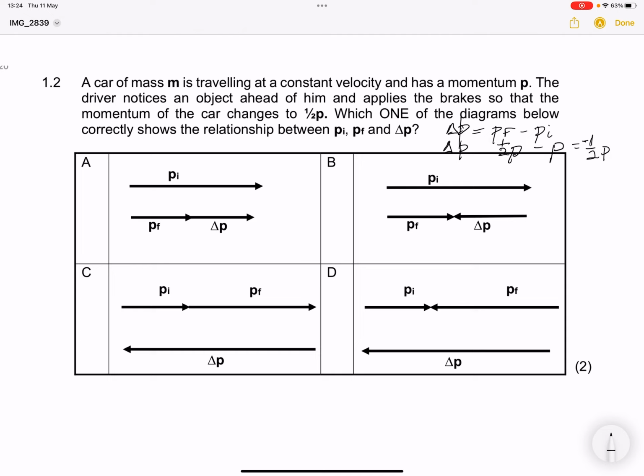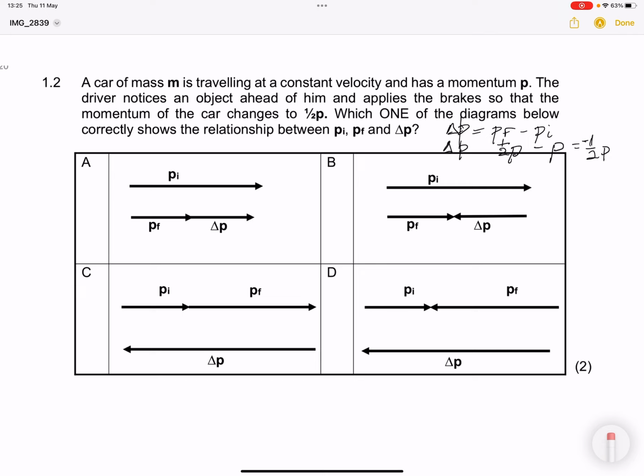So now we're going to look at a vector diagram that represents that well. There's the initial momentum. When we look at option A, the initial momentum looks okay, but look at that change in momentum. Can you see it's not in the opposite direction? So this cannot be the answer.